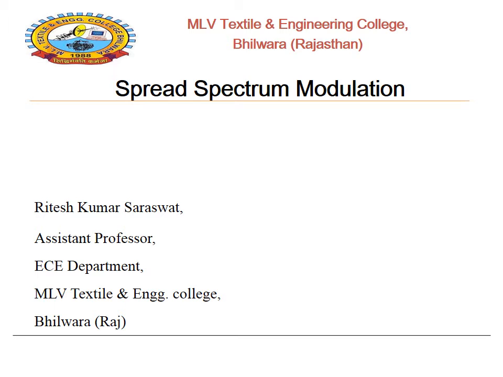In continuation of the previous lecture regarding spread spectrum modulation techniques, today we discuss another spread spectrum modulation technique, that is FHSS. FHSS stands for frequency hopping spread spectrum modulation technique.